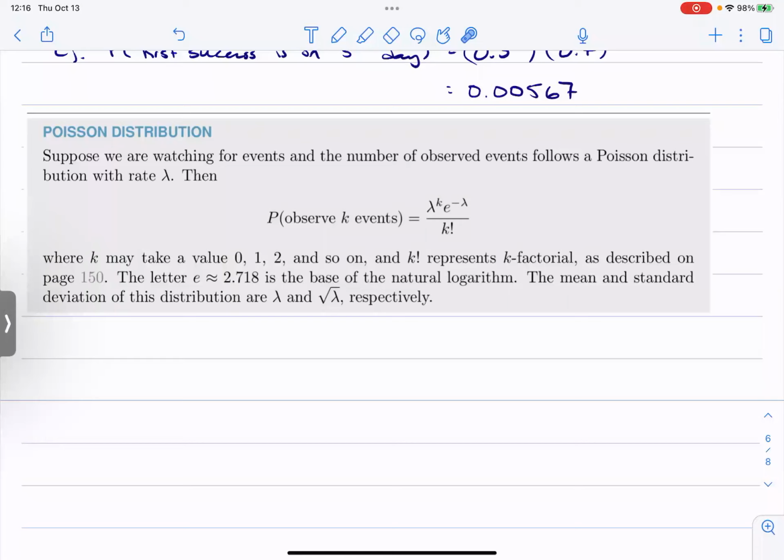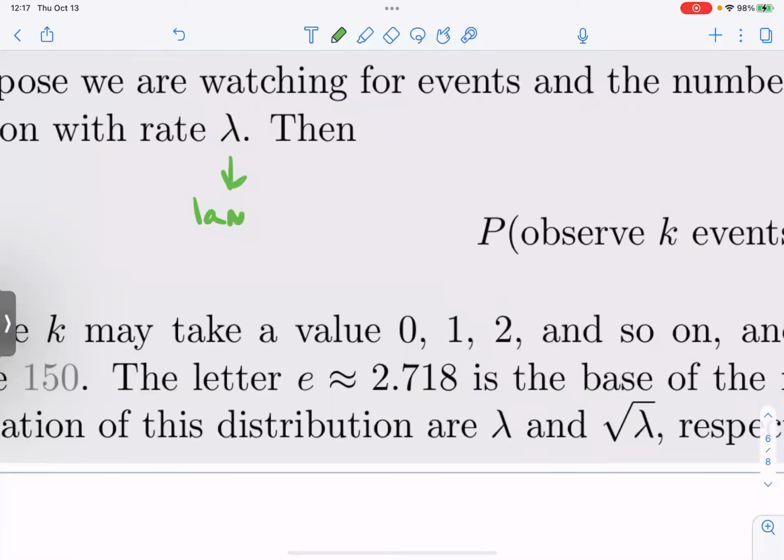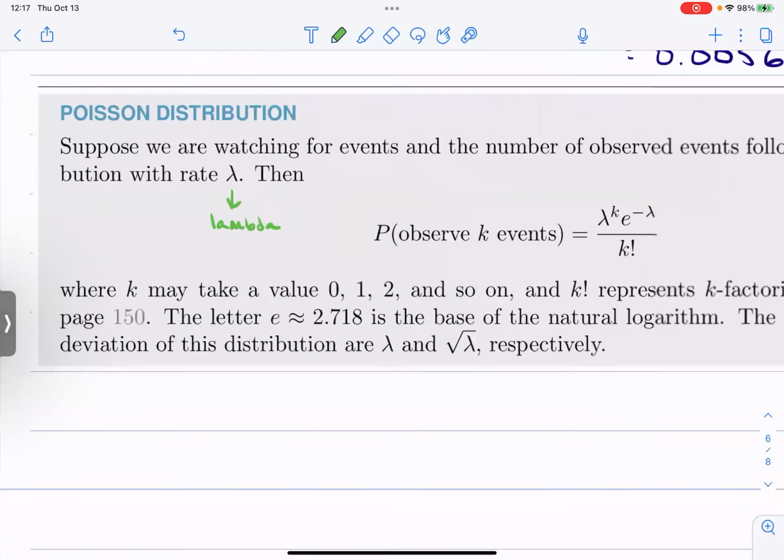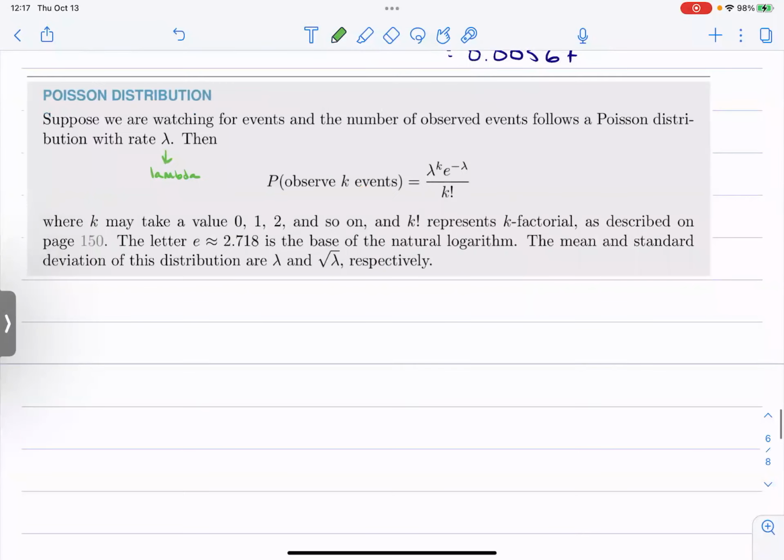So for the Poisson, we need to know the rate at which these events are happening. I get 4 customers in a store per hour. For example, what's the probability of seeing 10 customers in an hour? Then I take my rate, which is lambda, the rate of events.